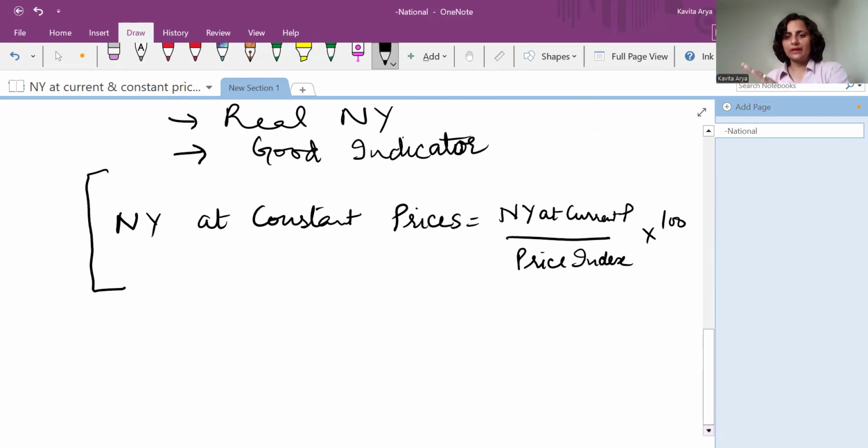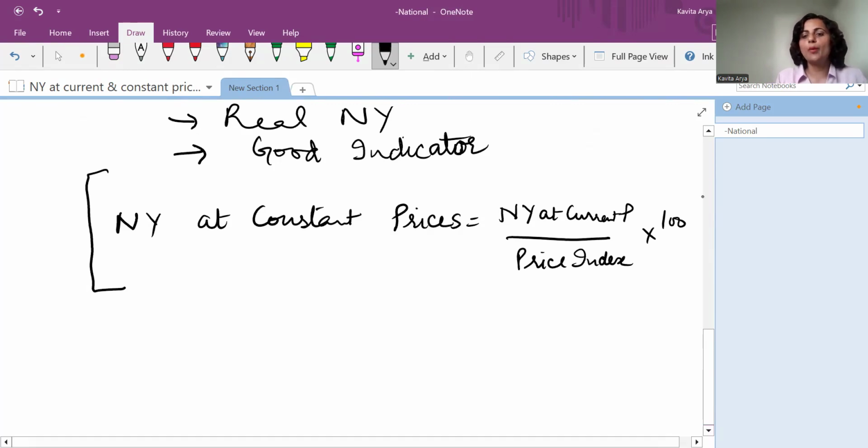If we want to convert nominal national income into real national income, we use this formula. National income at current prices is nothing but the nominal national income. And national income at constant prices is nothing but the real national income.